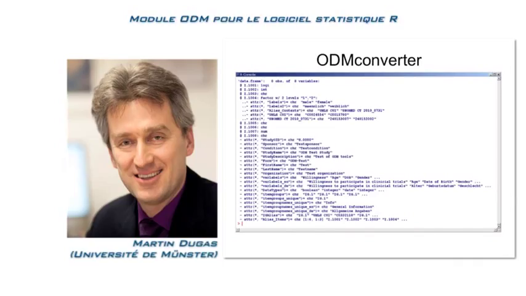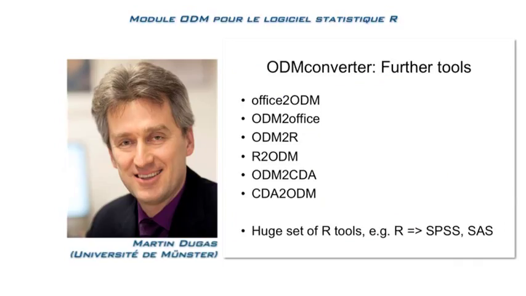And there are also further tools available. So it works in both directions. There's a tool called Office to ODM that generates ODM, and ODM to Office does the translation in the other direction. There's this tool ODM to R that generates this R data frame, and R to ODM does the reverse.